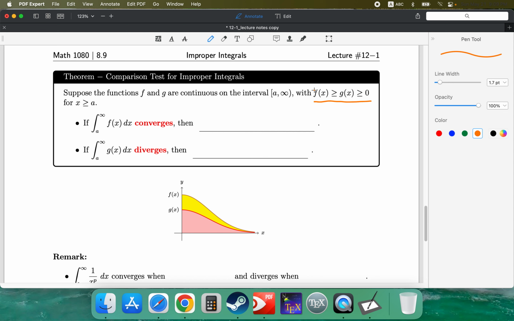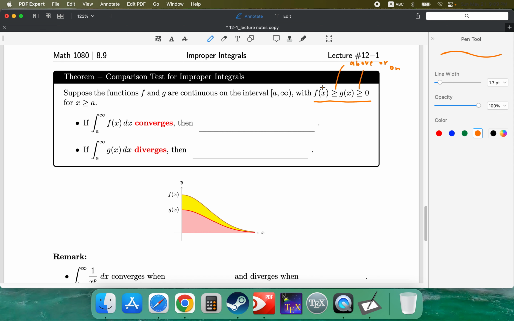This means the graph of f is above the graph of g or on the graph of g. And right here, greater than or equal to 0 means above the x-axis or on the x-axis. So greater than or equal to means above or on.